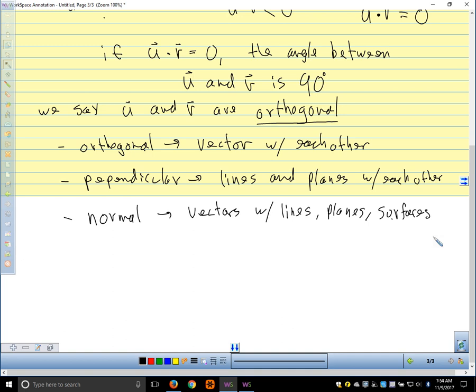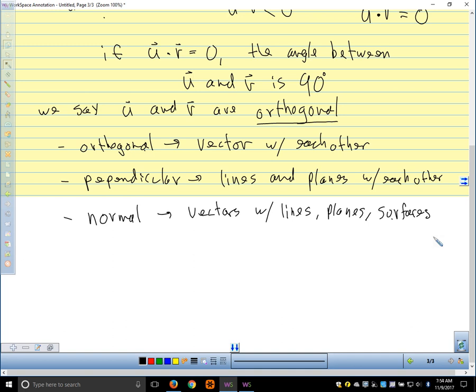So this always happens. We'll talk about these things and we'll get some kind of question that asks about the angle between vectors, and students forget that we can use a dot product to help us find the angle between vectors. So when you see a question that involves angles between vectors, you should think dot product.